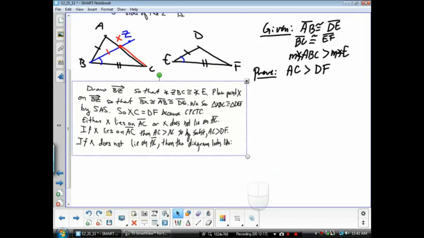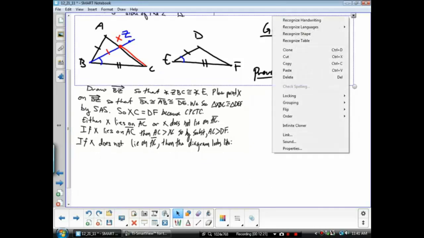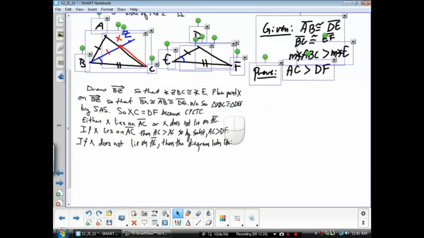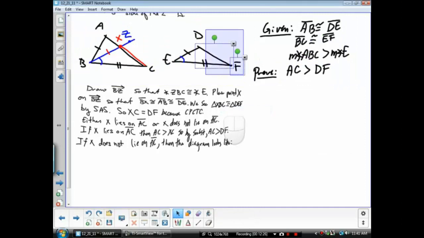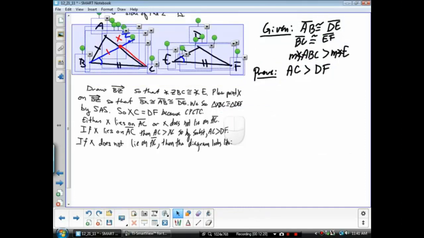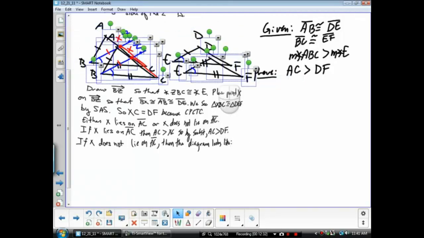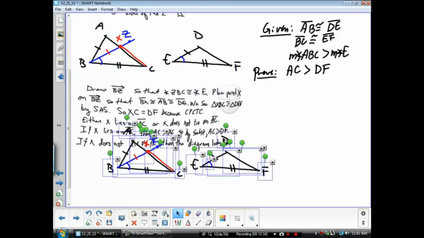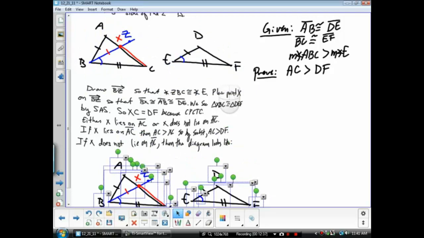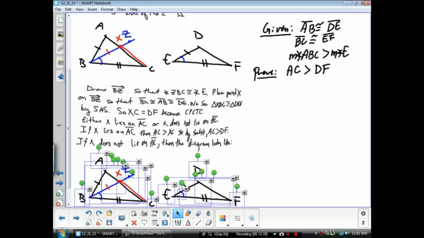I would like to, if possible, copy this diagram somehow, so I can move it down there and kind of do it the cheater's way of using that same diagram again.